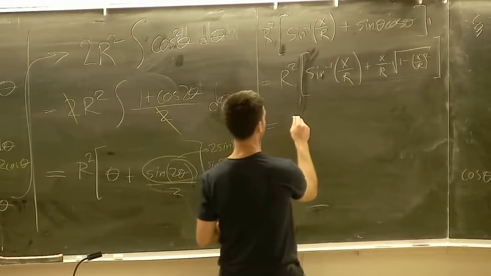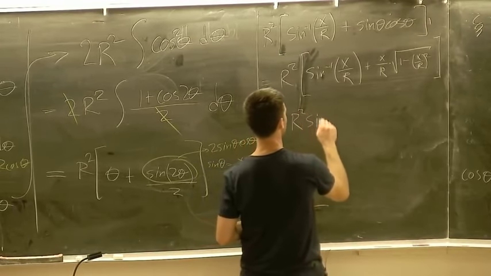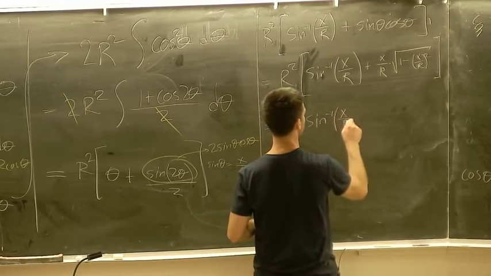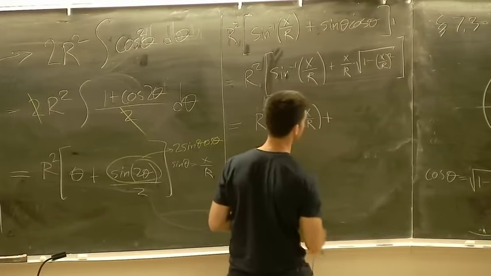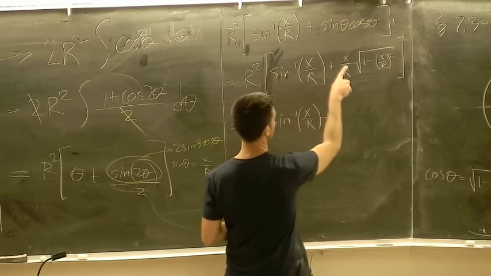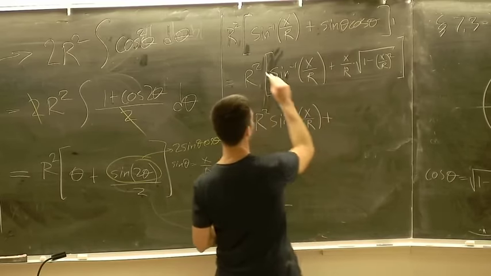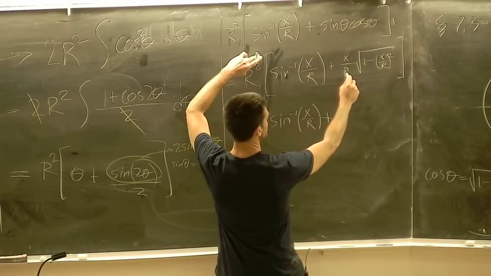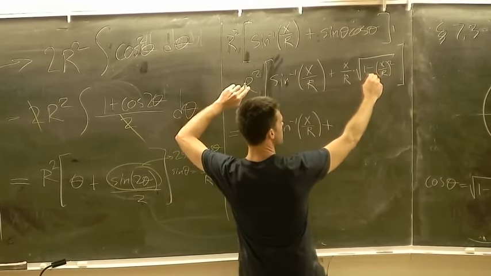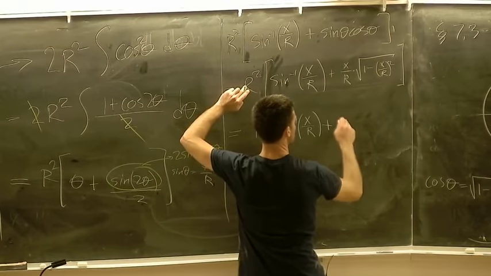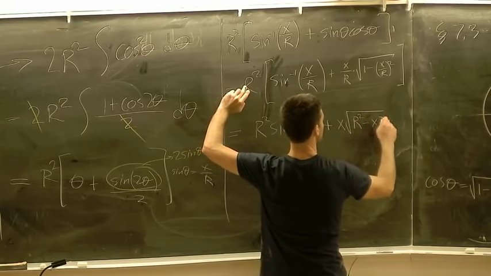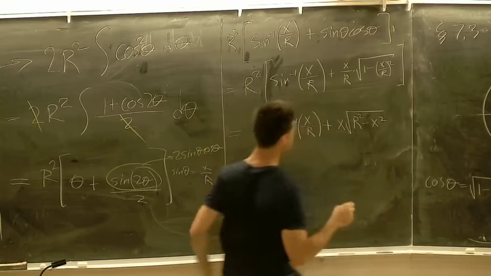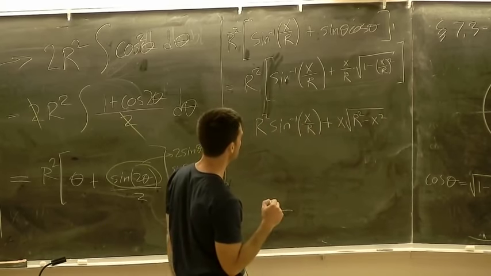Okay, so what do I get? I get r squared sine inverse of x over r plus, if I multiply an r squared in here, one of the r's will cancel with this one, and one of them I'm going to move under the square root sign. So I'll actually get x times the square root of r squared minus x squared. Did I do that right?